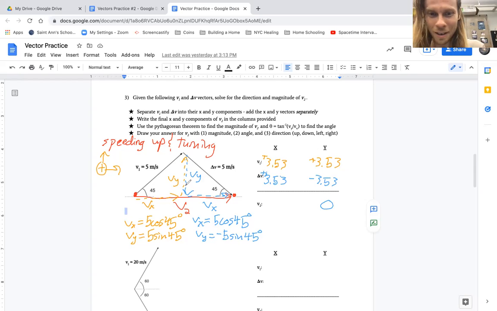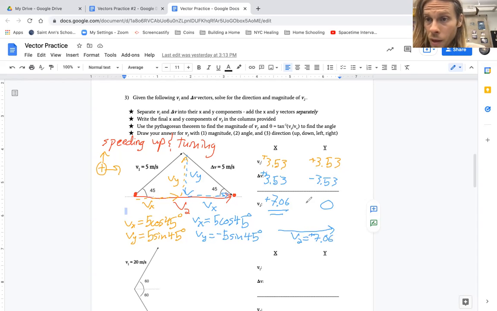And indeed, we get that it's only to the right at positive 7.06, or if we did it appropriately, you should get 7.07. Even if you rounded to 3.5, you get 7 just as well. So this is the ultimate answer, and V2 therefore equals 7.06, or just 7 to the right.